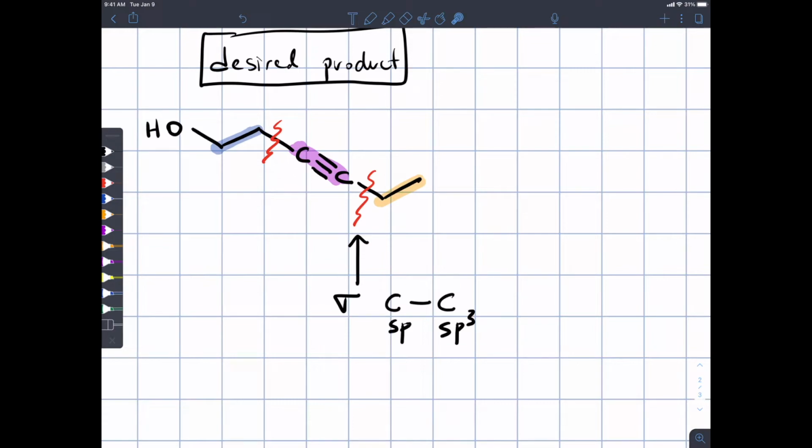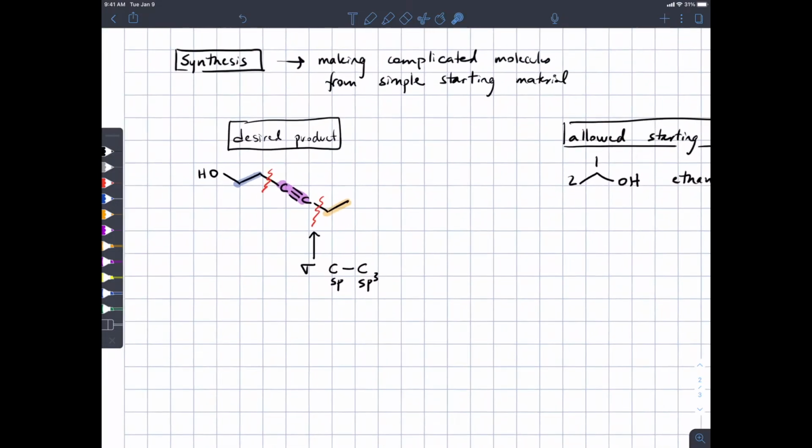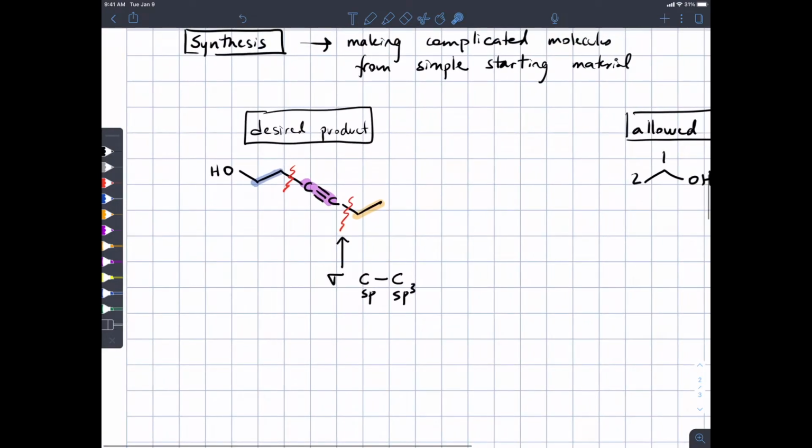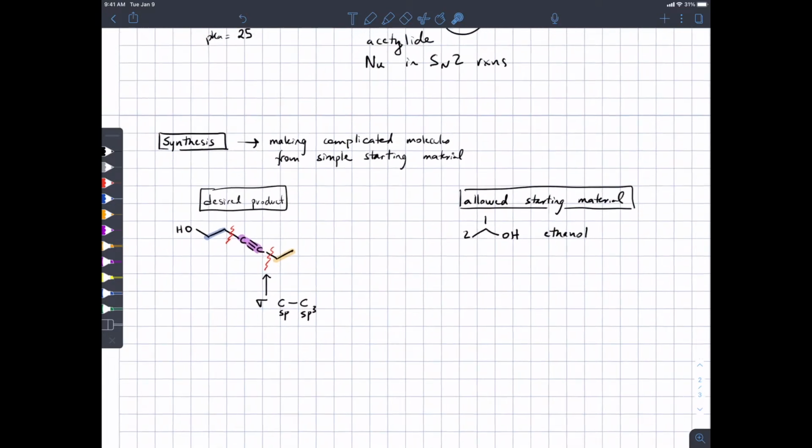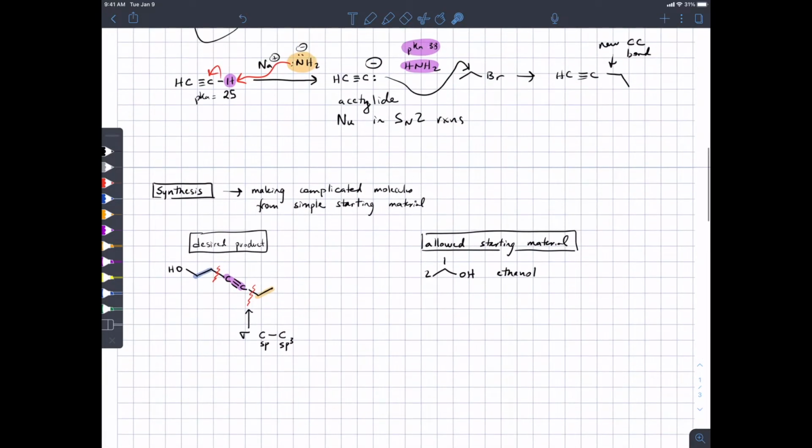But if you haven't practiced and developed some sense and some intuition for how to make certain kinds of bonds, it's going to be hard for you to solve these problems. So you're going to want to practice this kind of thing, and there are challenging synthesis problems at the back of chapter 10 and the back of chapter 11, and there will continue to be synthesis problems moving forward.